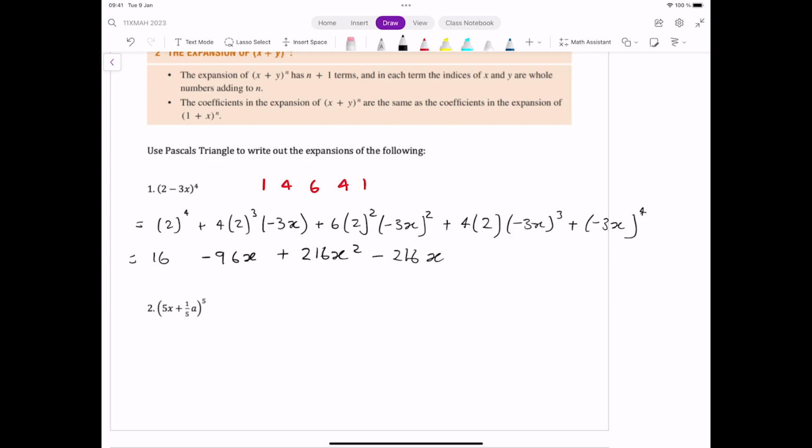Minus 216x cubed. Plus 3 to the power of 4 is 81, so plus 81x to the power of 4.